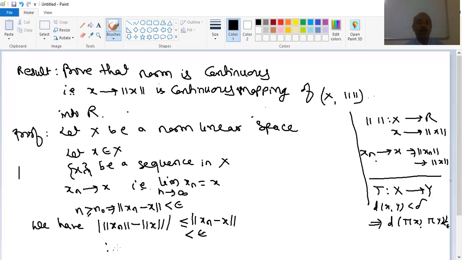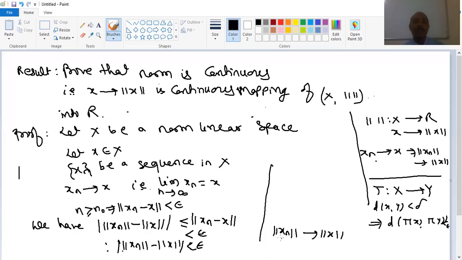Therefore mod of norm xn minus norm x is less than epsilon, which means norm xn converges to norm x.